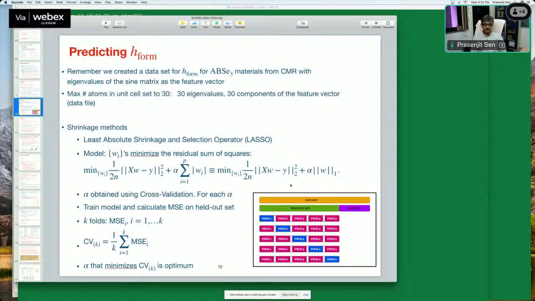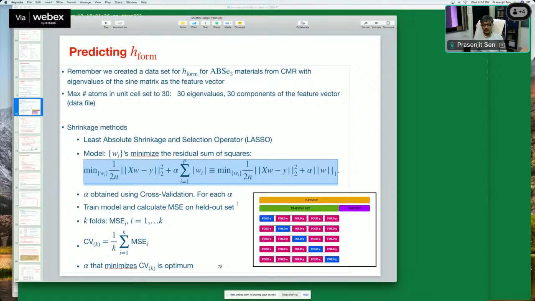Last time we were discussing the linear model, and then I introduced lasso, where along with the residual sum of squares, you have a penalty term, which is the L1 penalty.